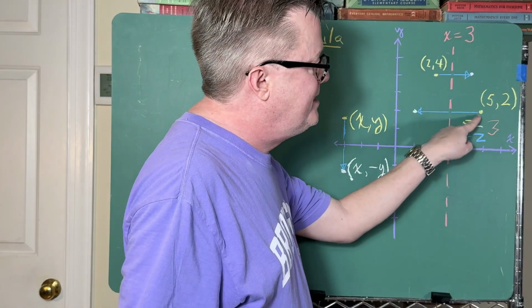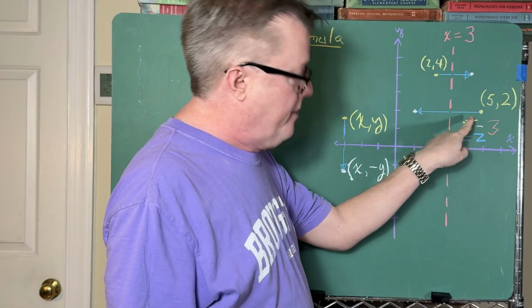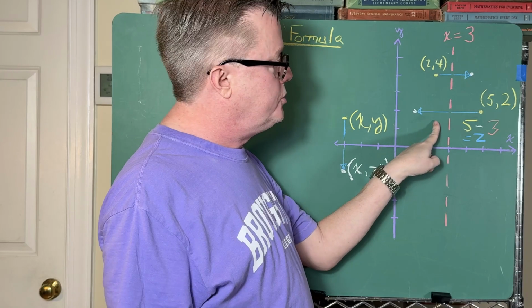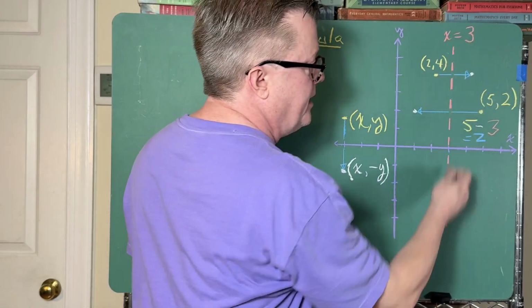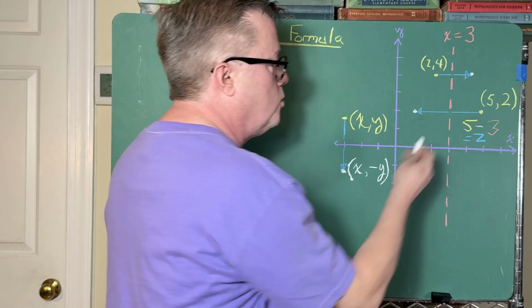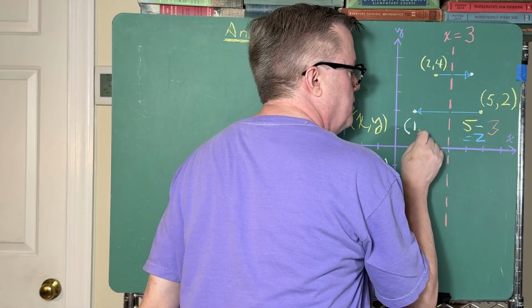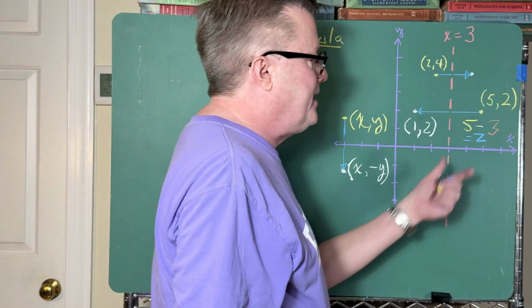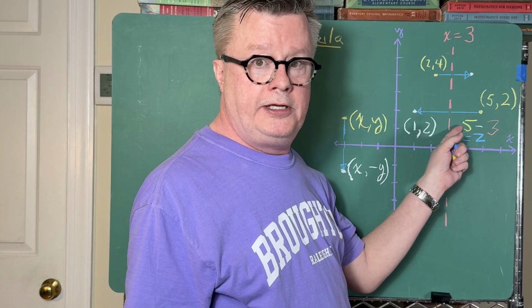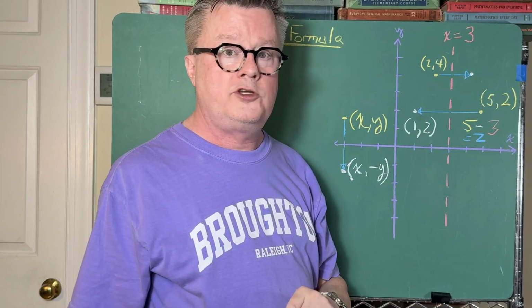So that tells me this distance is 2. Therefore, I need this distance to be 2. If this is at x equals 3, then this coordinate has to be 2 units to the left, which is at the point 1, 2. So I calculated a distance, 5 minus 3, and I used that to find the coordinate of this point.